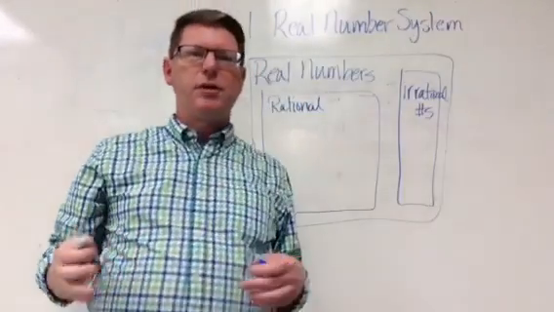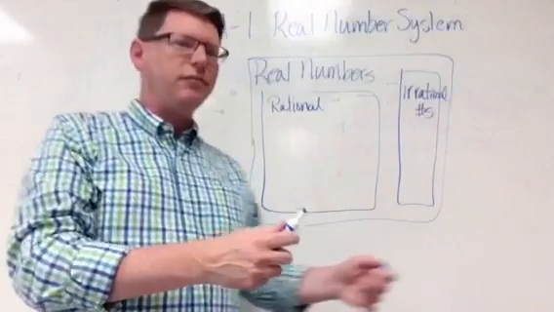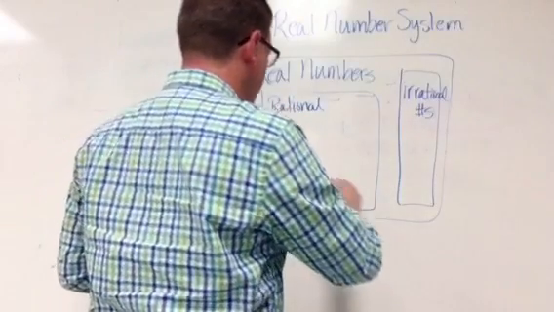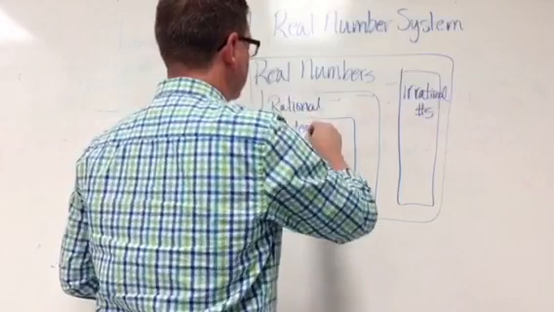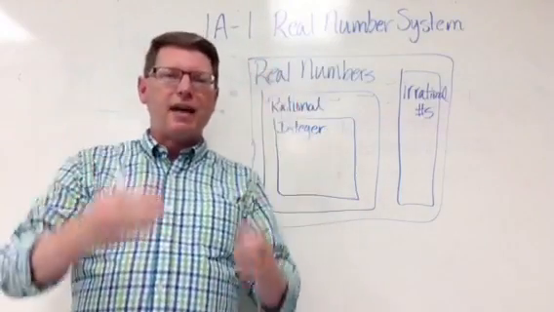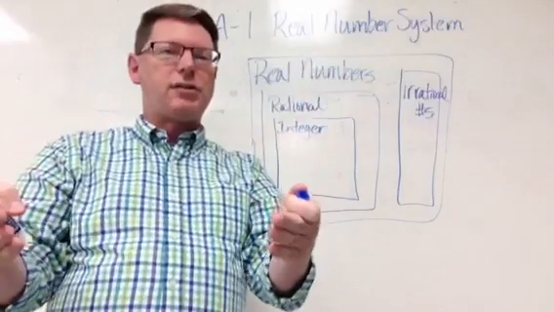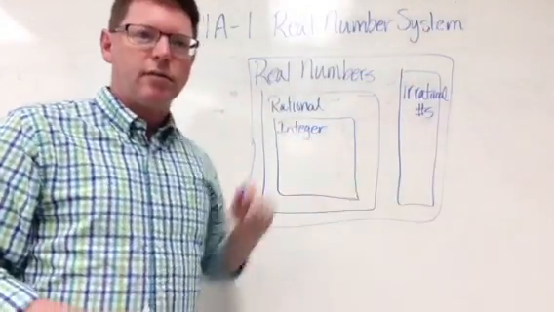Remember, rational numbers were anything that you could write as a fraction. Well, I can write integers as a fraction. So integers is a type of rational number. So it goes inside the rational number box because every integer is also a rational number. And it's also a real number. Okay? But neither one is irrational.